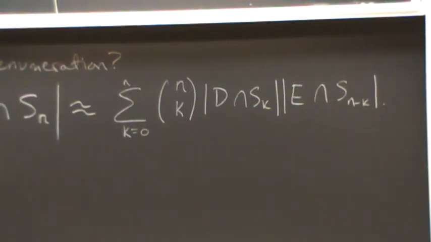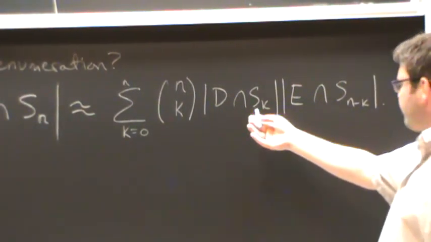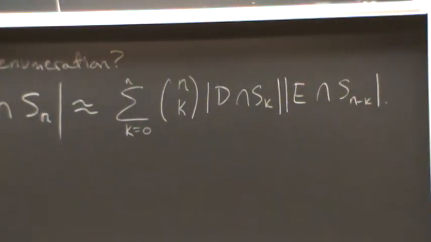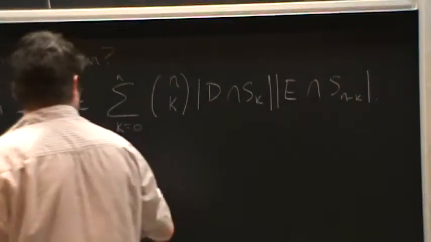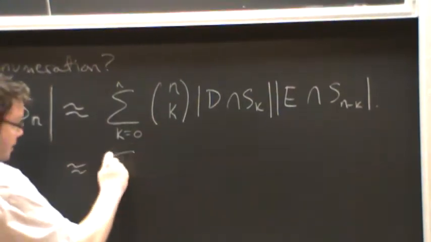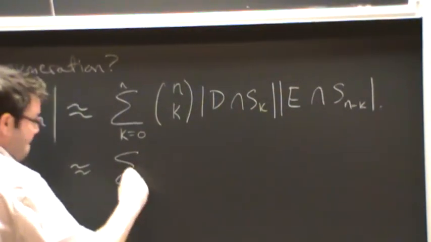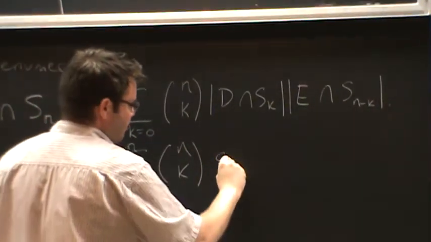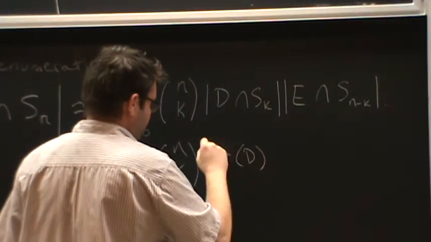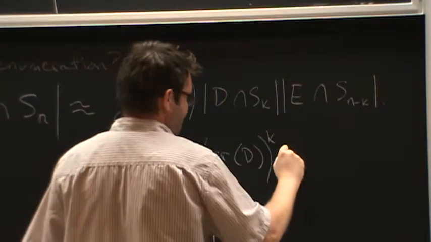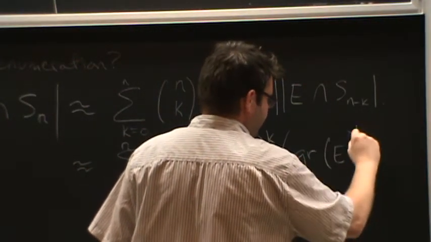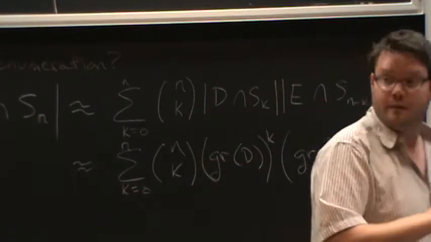Well, if D and E have growth rates, and I should have mentioned that when I find that limit we don't know if it exists in general, but if these two have growth rates, then this is approximately n choose k, the growth rate of D to the k, times the growth rate of E to the n minus k.